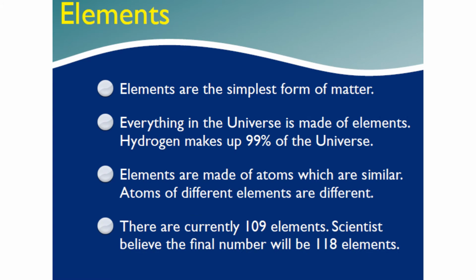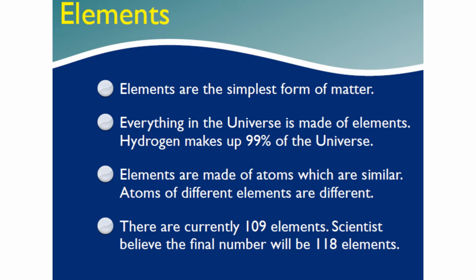Elements are the simplest form of matter. They're the building block of chemistry. Everything in the universe is made of elements. Hydrogen makes up 99% of the universe based on the stars and gases around. Elements are made of atoms, which are similar, and atoms of different elements are different.